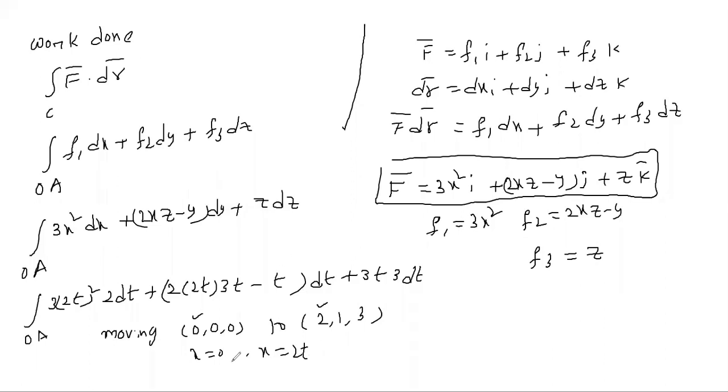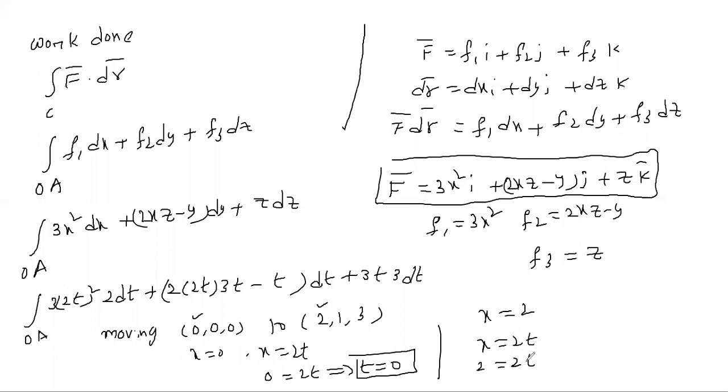What is x equal to 0? X equal to 2t. 0 equal to 2t, which implies t equal to 0. Next, come to the x value. What is the x value? 2. So now what is the formula? X equal to 2t. Substitute 2 equal to 2t.